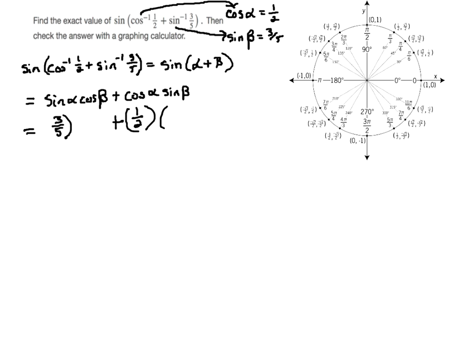The sine of beta is 3/5. So I know cosine alpha and sine beta, but I am missing the sine of alpha and the cosine of beta. So off to the side, let me get a different color and give myself a little room to work down here.